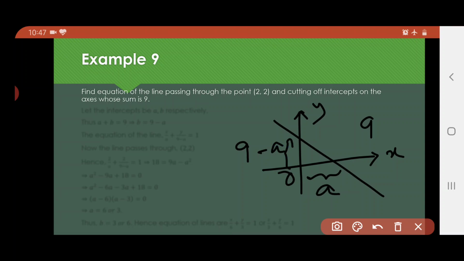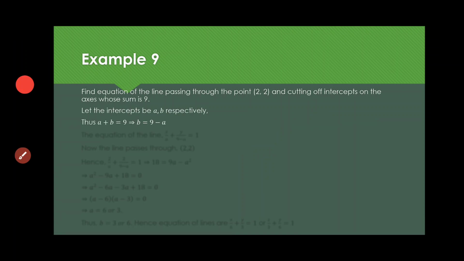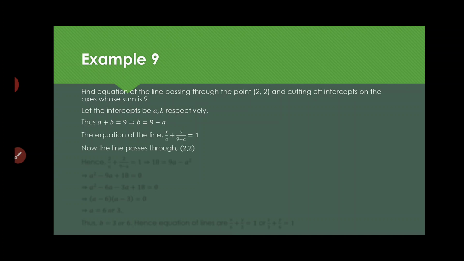So the equation of the straight line can be written in the intercept form as x by a plus y by (9 minus a) equals 1. We know that if we know the intercepts, this is how we write the equation. Now it is told that it is passing through the point (2, 2), so it must satisfy the equation.